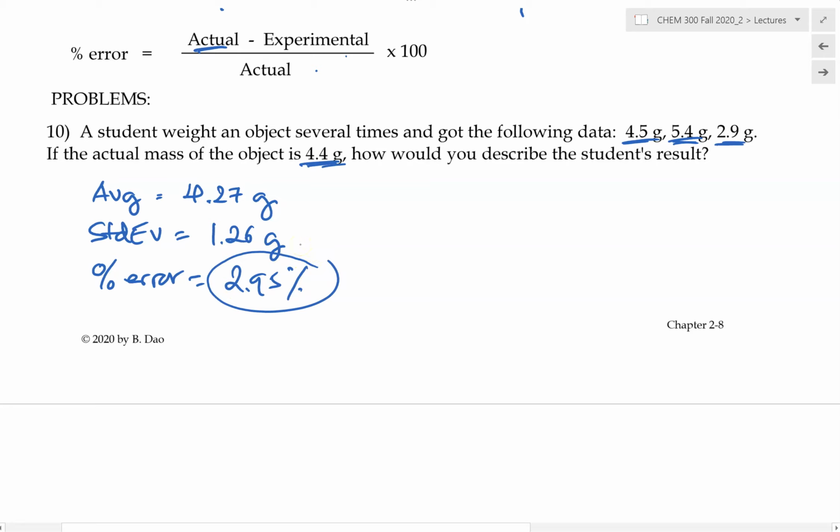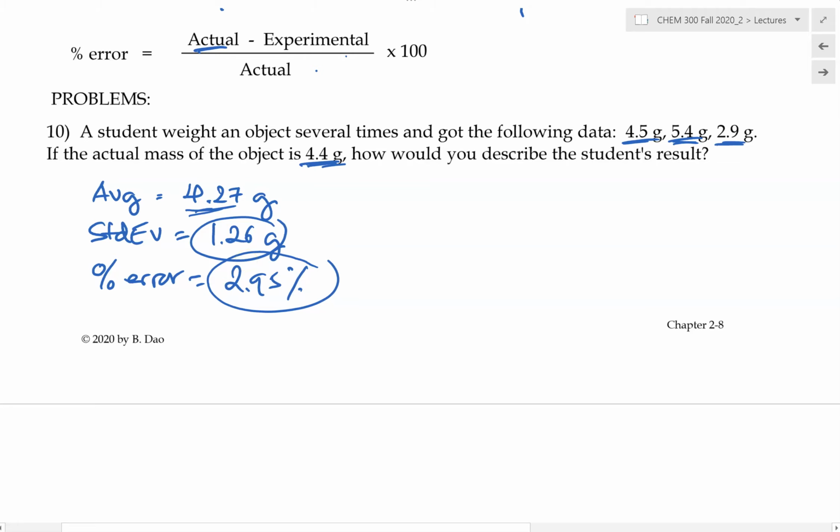So 2.9% error is considered to be small. And the standard deviation of 1.26, this is actually a large standard deviation, because the average is 4.27, and it can deviate by this much, 1.26, meaning there is a big variation among our data points.